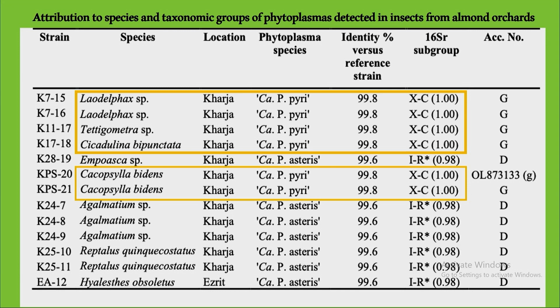We have a variant of subgroup R in this. Lodelphax, Cicadulina bipunctata, and Cacopsylla bidens were infected with this, and the other species carried Candidatus phytoplasma astris with a variant of subgroup R.